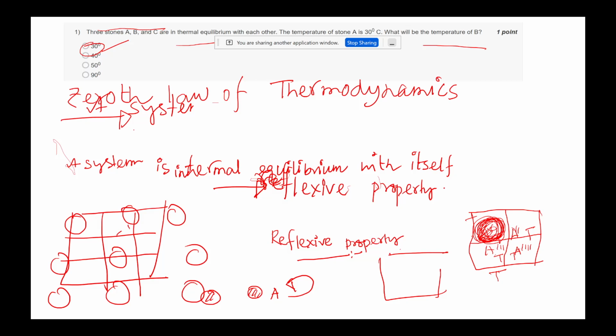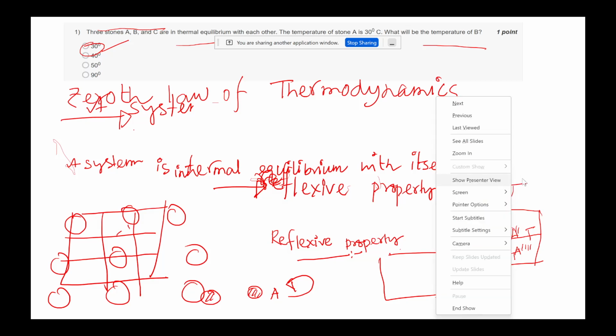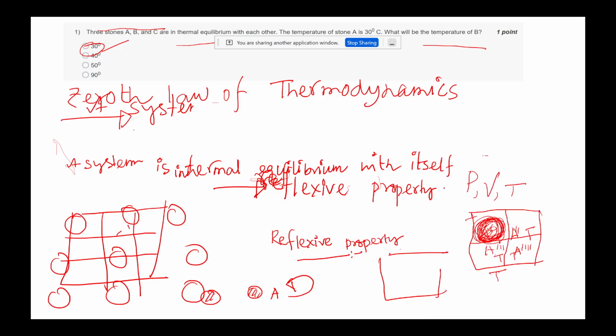You have seen that, right? Yes. Temperature of the system is this. That is why it is a macroscopic quantity or macroscopic variable. So when we talk about P, V, T of a system, these are all macroscopic variables from the thermodynamic point of view.